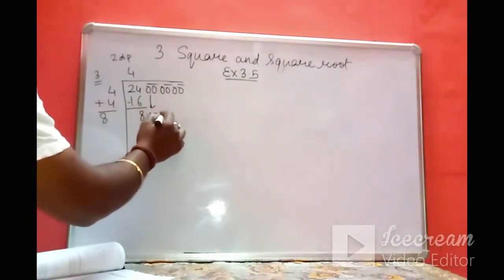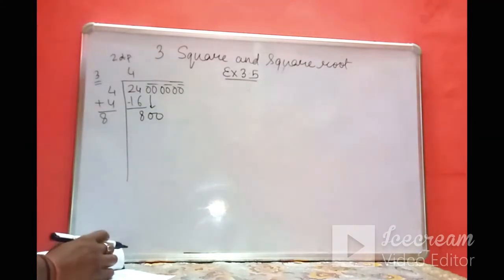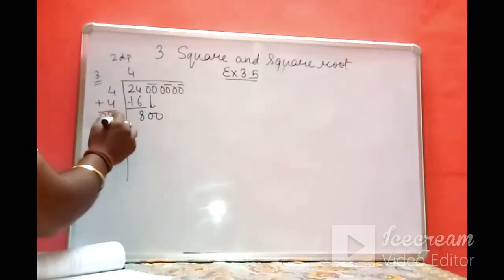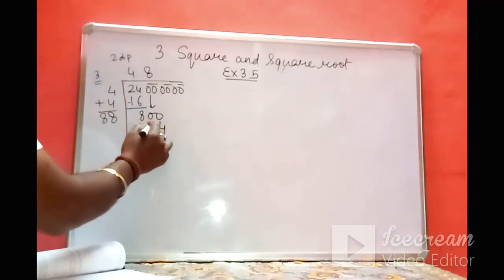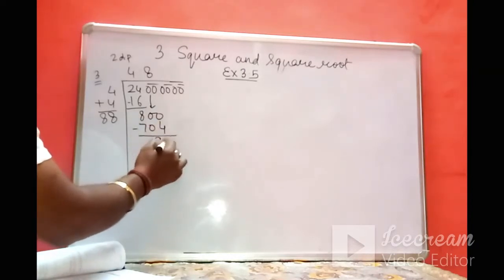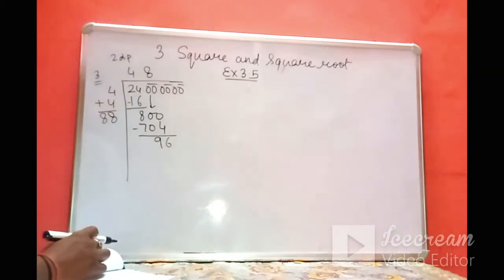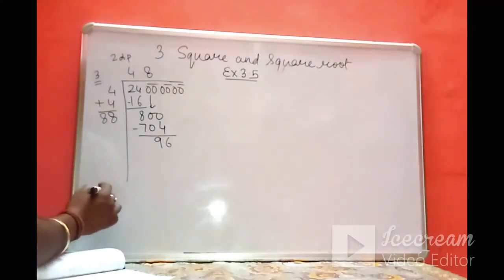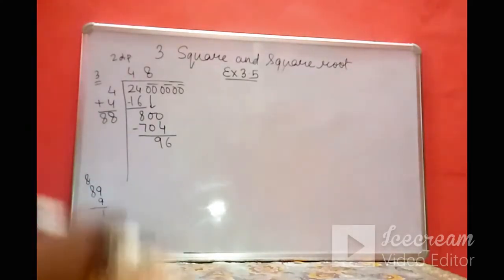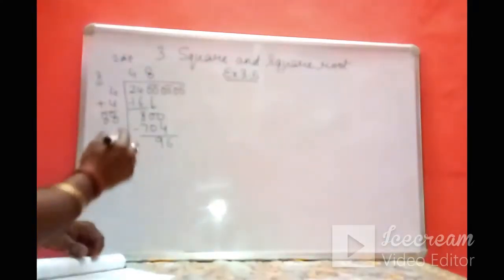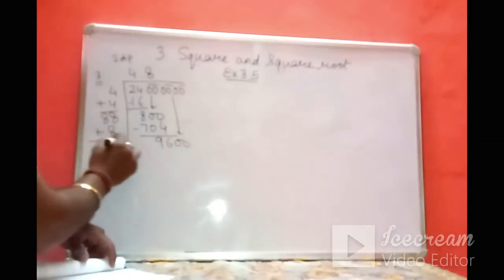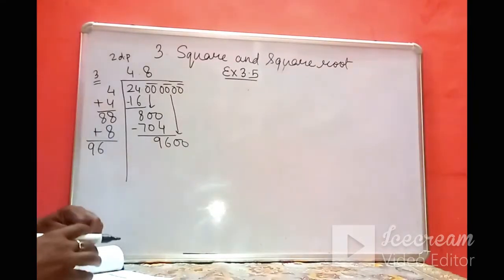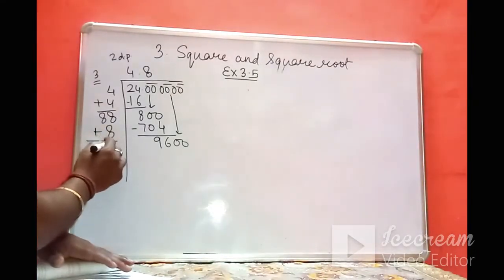Then 2 zeros will come down. Then let's take 8. So 8 into 8 is 64. It is 96. Then let's check for 9 also. It is coming to 801. So our digit will be 8. Then again one more pair will come down, and this 8 will come here. It becomes 96.